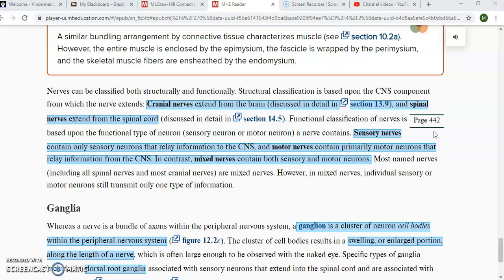But the primary type of nerves that we have in the body are called mixed nerves, because they contain both the axons of sensory neurons and the axons of motor neurons. That's primarily the ones that we learn about in our lab. So the cranial nerves, the spinal nerves, the main nerves of the body are mixed nerves. All right, so that is what you should know about the nerves in the peripheral nervous system.